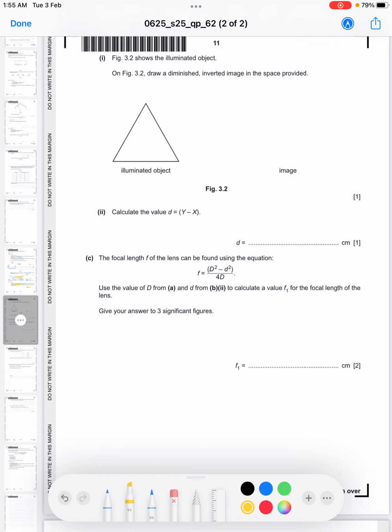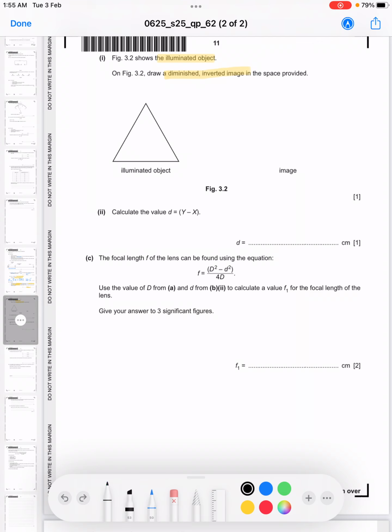In the first part, they ask you, figure 3.1 shows the illuminated object. On figure 3.2, draw a diminished inverted image in the space provided. So here we need to draw the image, right?